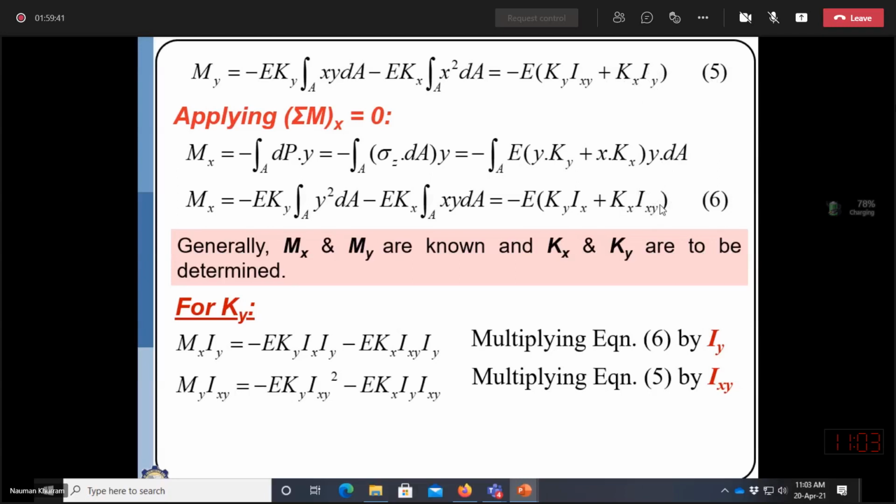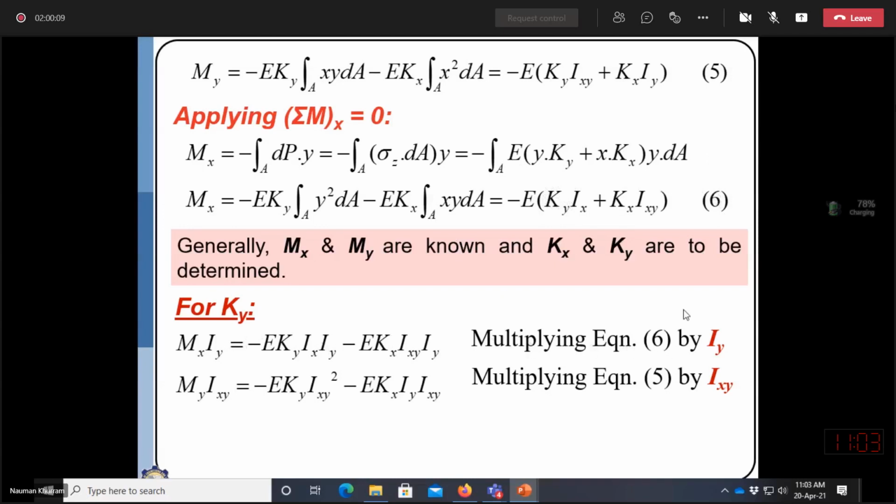So if we multiply equation number 6 with Iy and equation number 5 with Ixy, these two parameters will be the same, then we can subtract one equation from the other, maybe equation 6 from 5 or 5 from 6. We can determine an equation which only has the curvature ky.